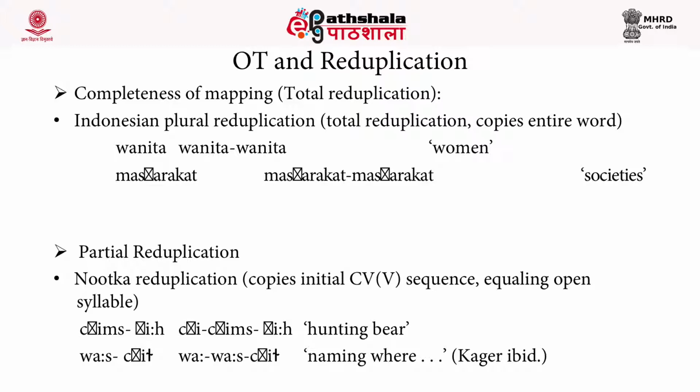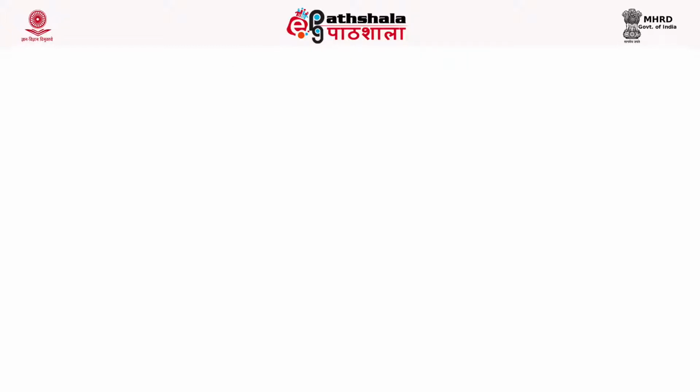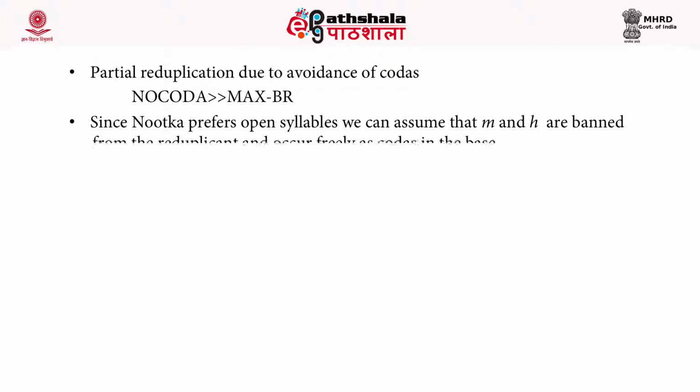What is happening is that the consonant clusters are getting deleted: in the first one, the msi is deleted, and in the second one, the schil is deleted. Why does it get deleted in partial reduplication? Basically the reduplicant is not taking any coda. So a markedness constraint, No Coda, is playing the role here. Partial reduplication is due to the avoidance of coda. So now we are going to posit another markedness constraint, which is No Coda.